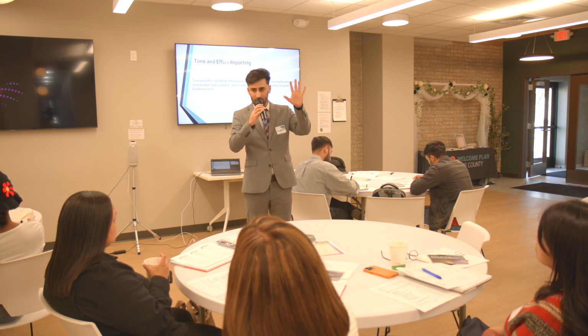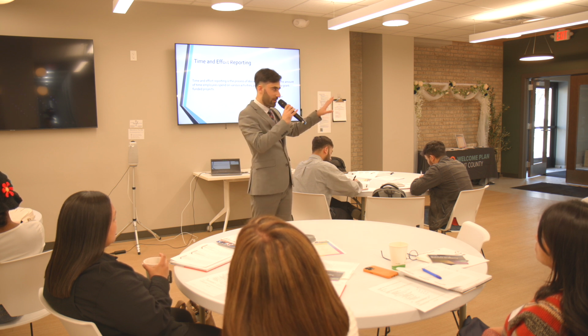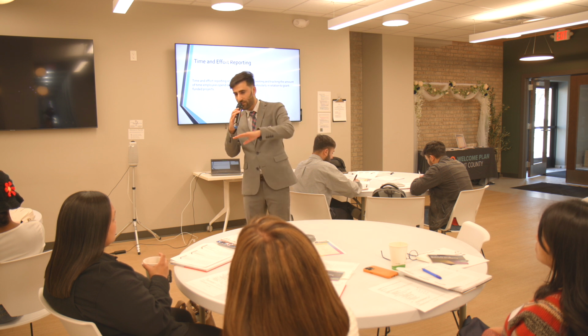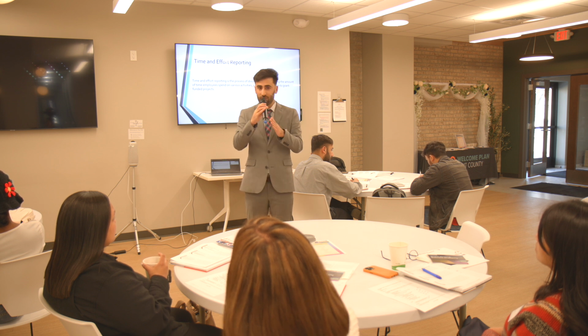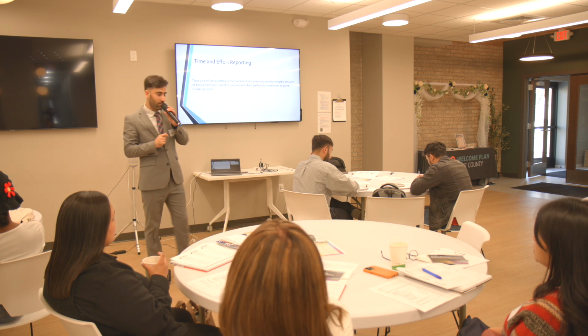If there are 5 grants I'm managing, 20% of my time is allocated to one grant, 30% to another, 10% to another, and so on. So it's the process of allocating your time to different grants, which is called a time and effort report.